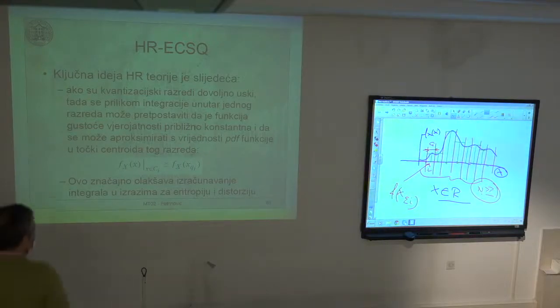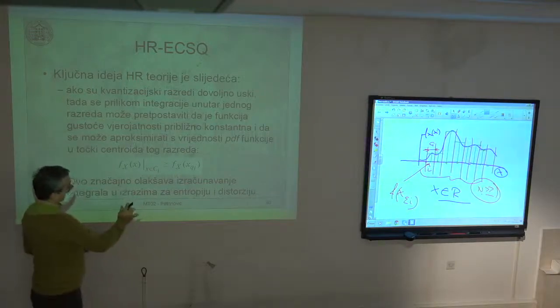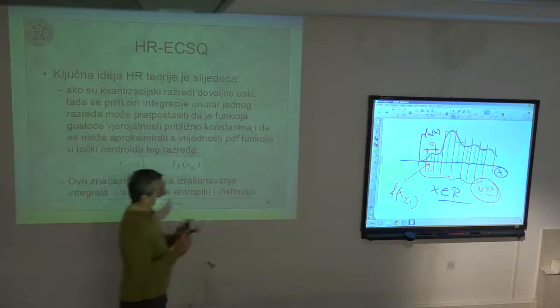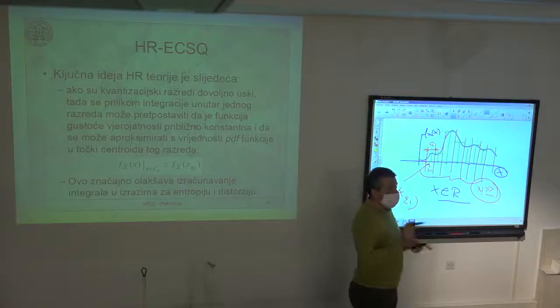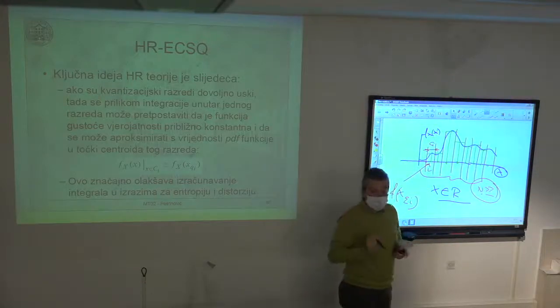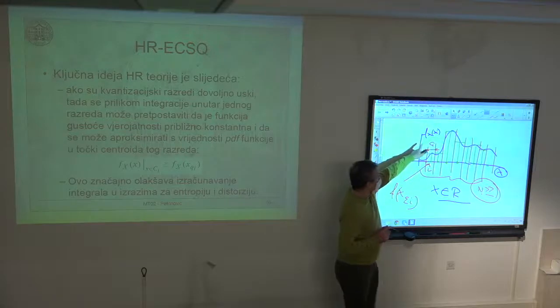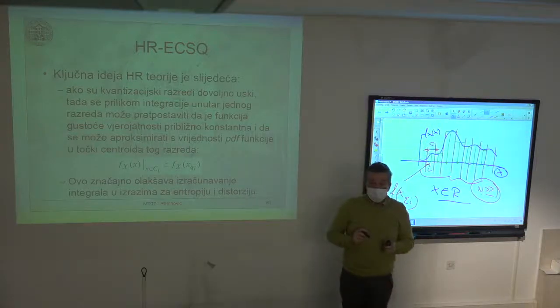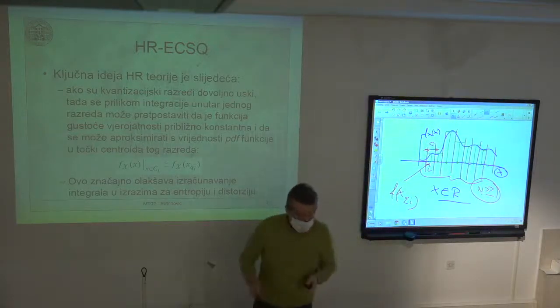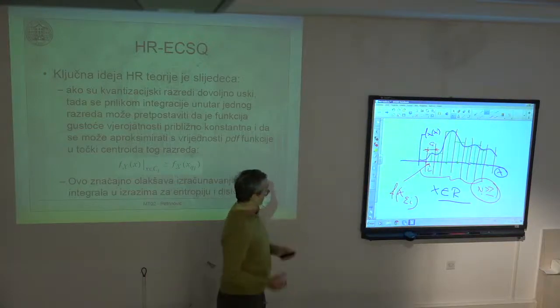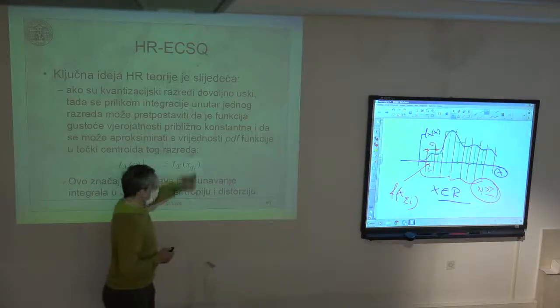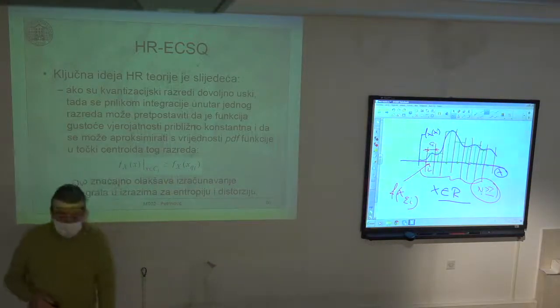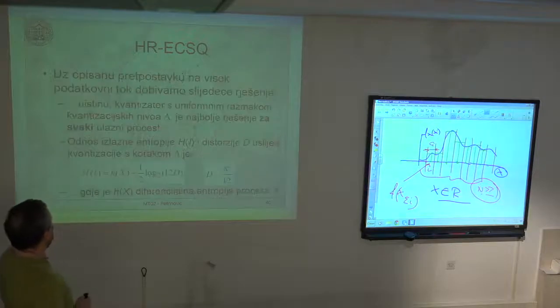Because all the integrals, where normally we have an expectation within one class, the integral of fx(x) multiplied by some function dx, now have this fx(x) taken out of the integral because it is a constant value. It does not depend on the free variable x. It is a constant depending only on the selected index i of the class.